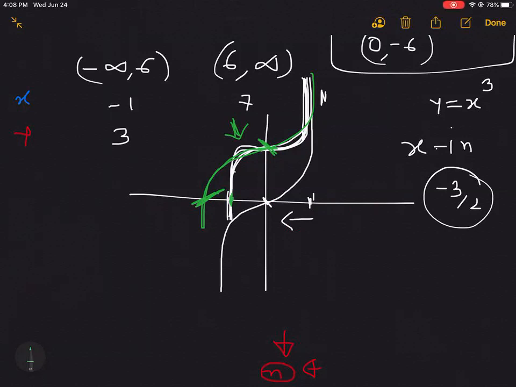Okay, 2 times x cubed, 3 times x squared, plus 4 times x, plus 6. Oops, sorry, it's 2 times x cubed.